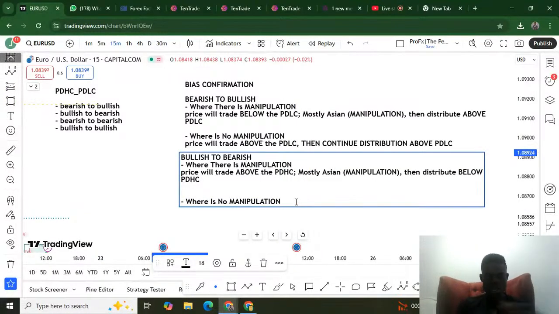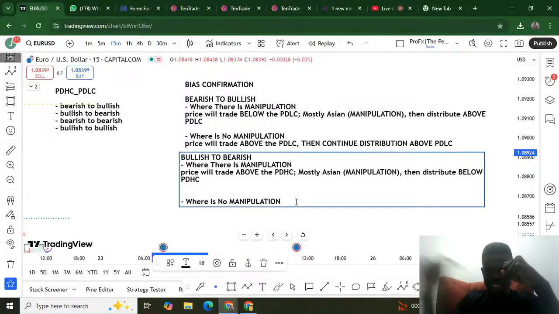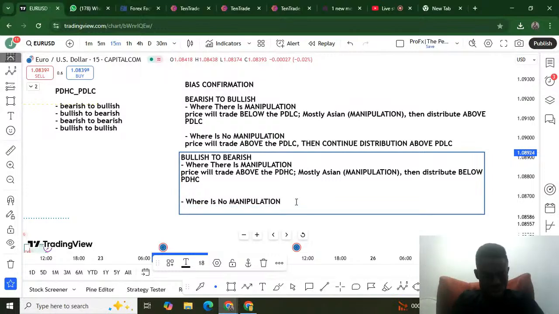Now let's move ahead. So now, when there is no manipulation, that means price has closed bullish for the previous day, and price is not going to manipulate the low and close. What will price do? Everybody, price will what? Price will trade. Price will trade how? We trade below, straight below the what?